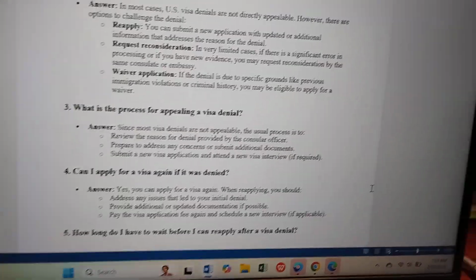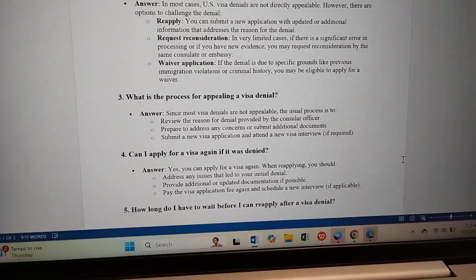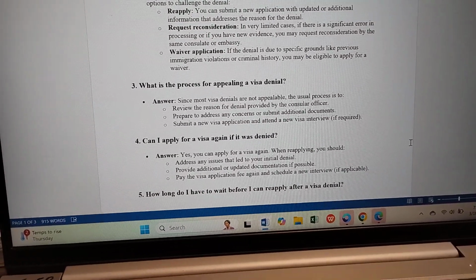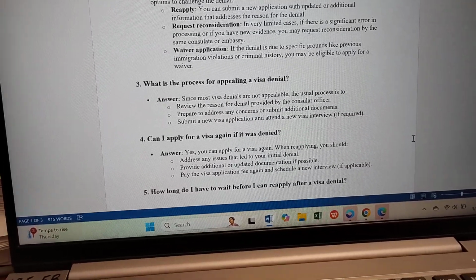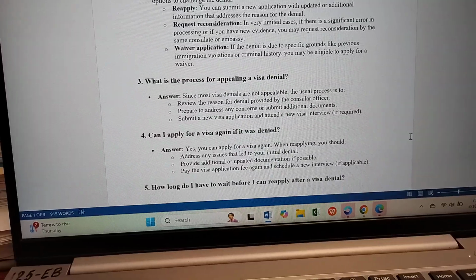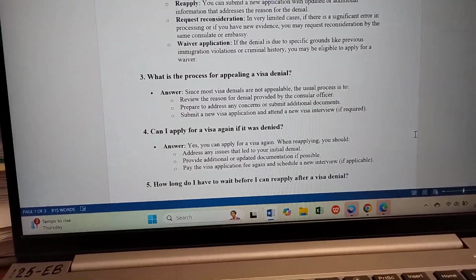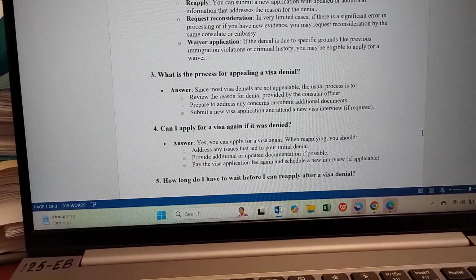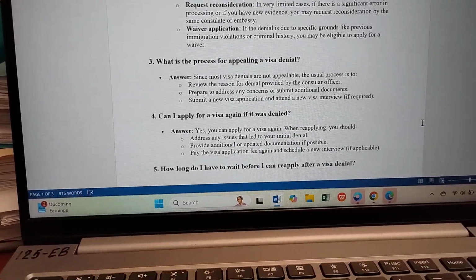Then waiver application. If the denial is due to specific grounds, like previous immigration violation or criminal history, you may be eligible to apply for a waiver. What is the process for appealing a visa denial?